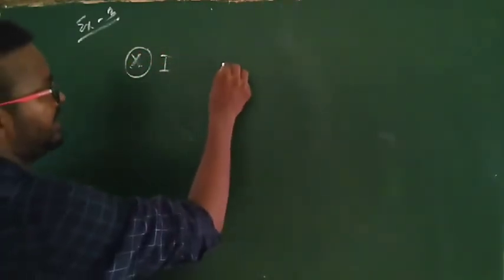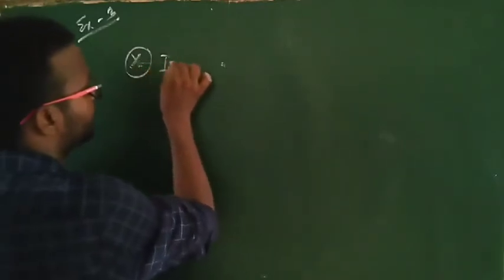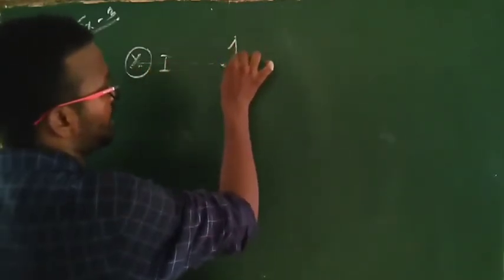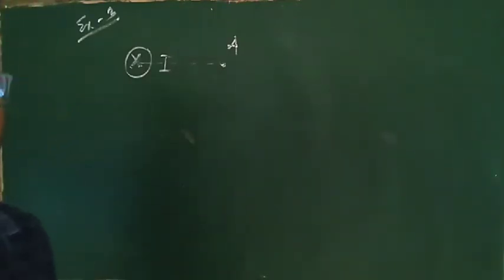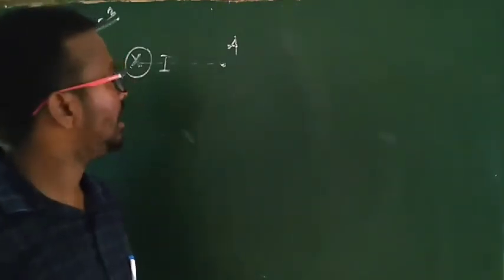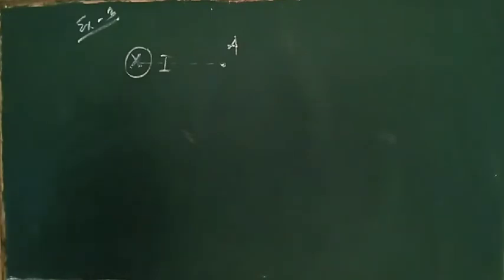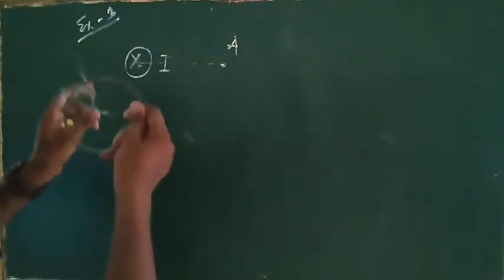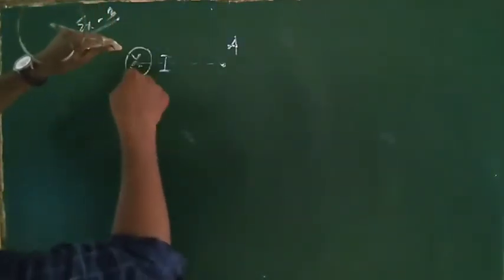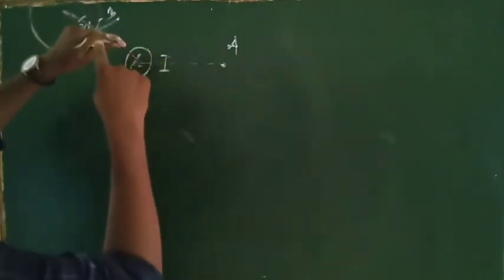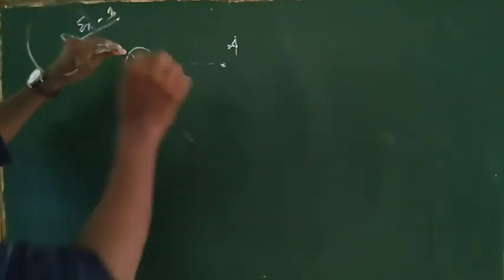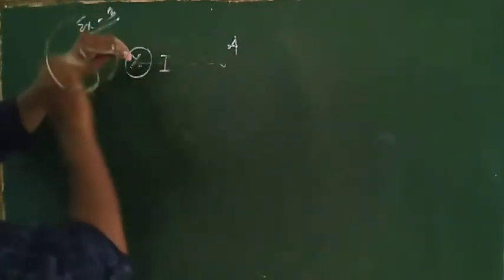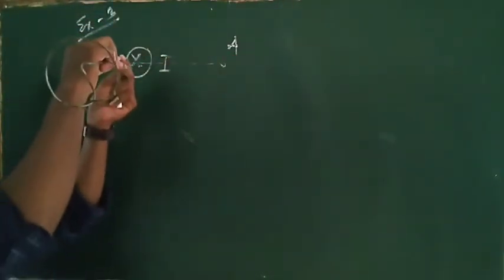So we have to find the direction of magnetic field at point A. How can we find it? In this case, this is the direction of flow of current. Clear? We have to find the magnetic field here, so we use the right hand thumb rule.